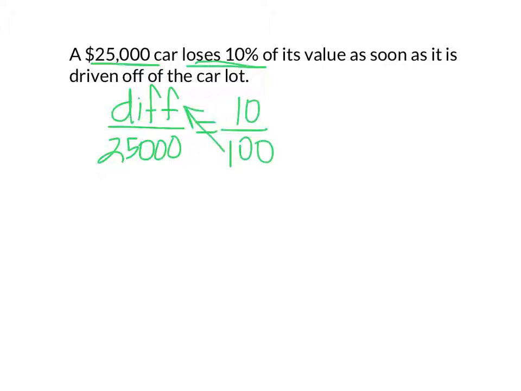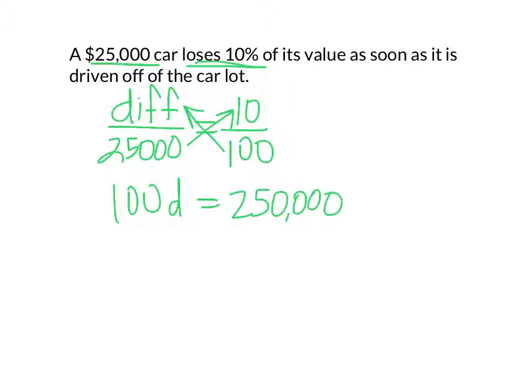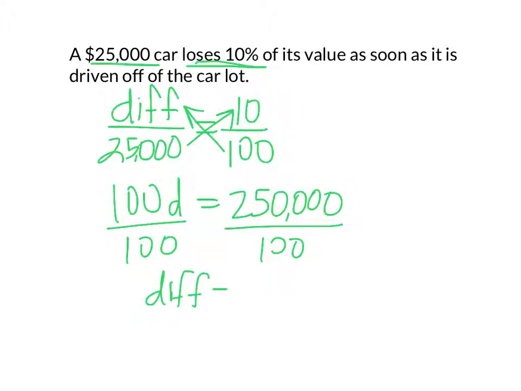Cross multiply, 100D equals 250,000, and then divide both sides by 100, and the difference is $2,500.